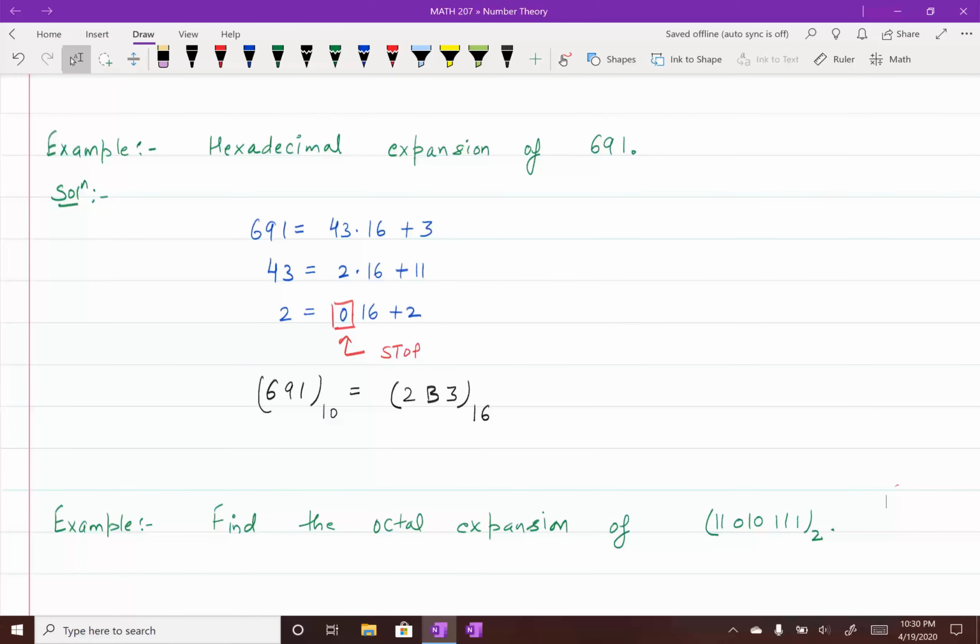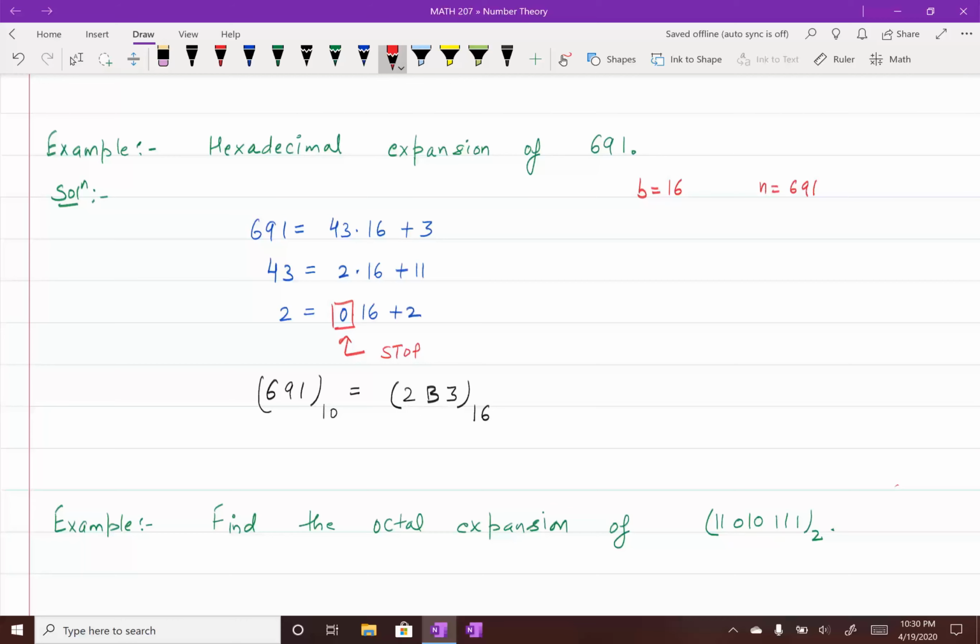Let's take another example, and here you want the hexadecimal expansion of 691. So with respect to the hexadecimal representation, your base is going to be equal to 16. Your given integer n is going to be equal to 691. So in the first step, you apply your division algorithm with respect to the base 16. Can you represent 691 in terms of some multiple of 16 plus some remainder term?